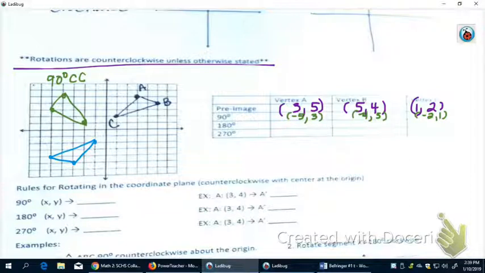Okay, and I'm going to write those coordinates over here. That wasn't right, that was -3, -5.